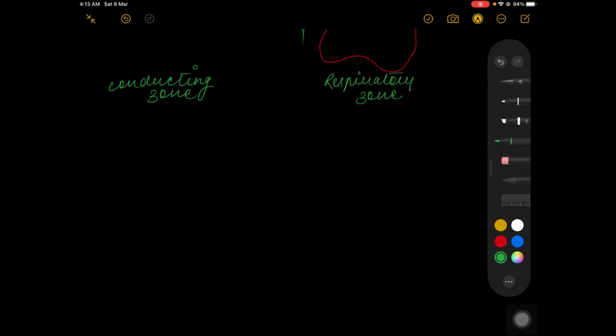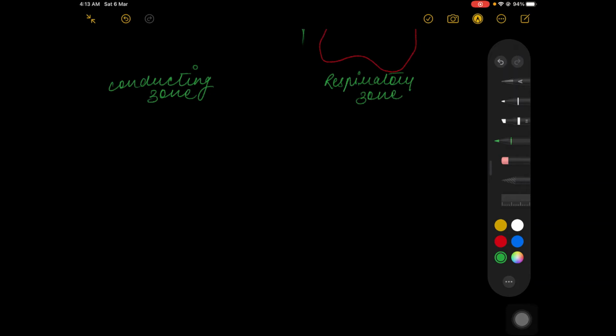The respiratory zone is that zone where the gaseous exchange takes place, and the conducting zone is that zone which conditions the air, or removes the foreign particles, or helps in making the air equivalent to the body temperature so that it doesn't damage the respiratory tract.